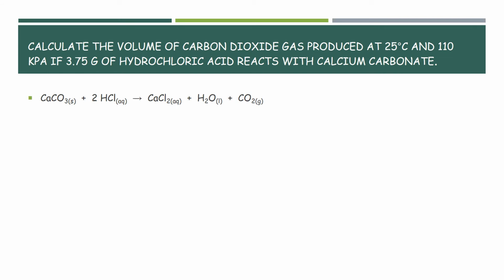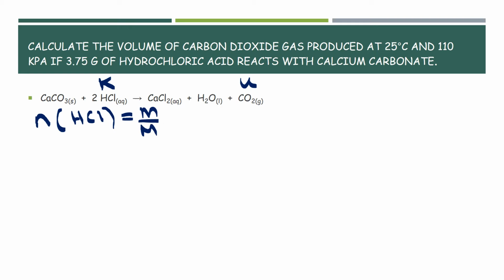So remember, our known is our hydrochloric and our unknown is our carbon dioxide. Our task is now to find the number of moles of hydrochloric. And because we've got a mass, we're going to use mass over formula mass.